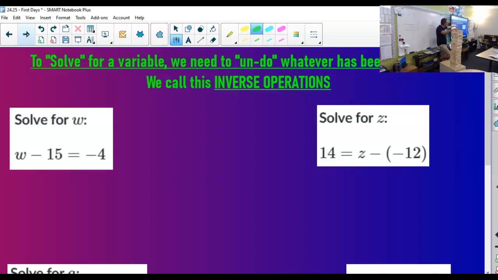So, go ahead and write these two situations down. The W and the Z situation. Give yourself a little bit of room beneath them. Do not stack those on top of each other. I'd put those beside each other so we have space beneath them. You are welcome to use as much paper as you want in my room.